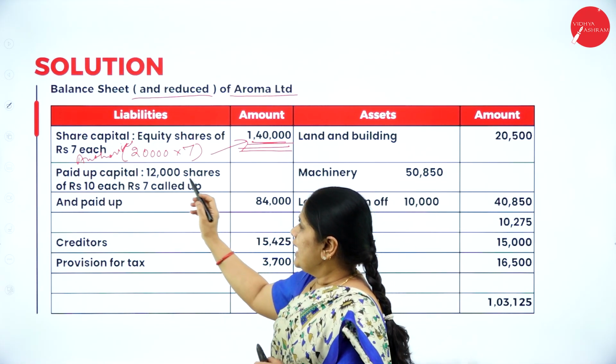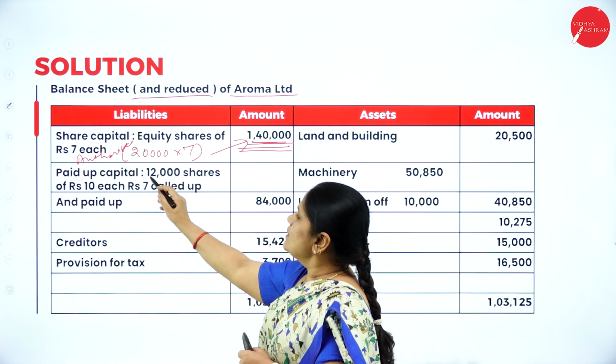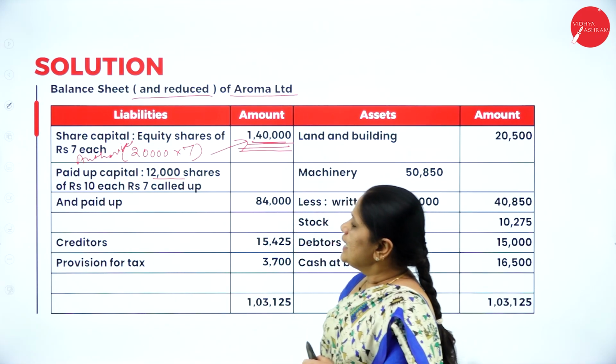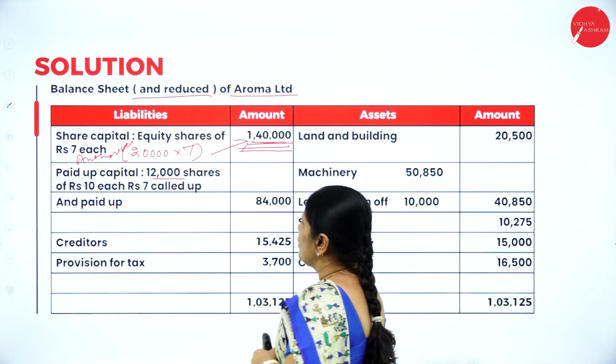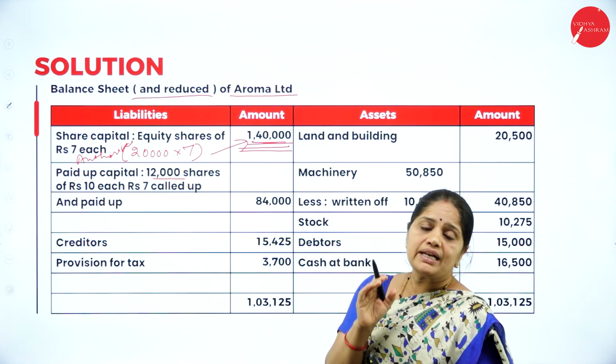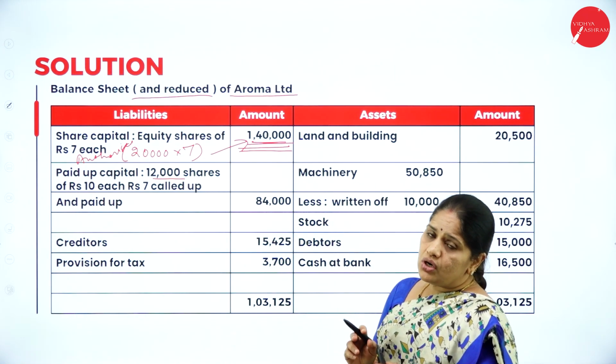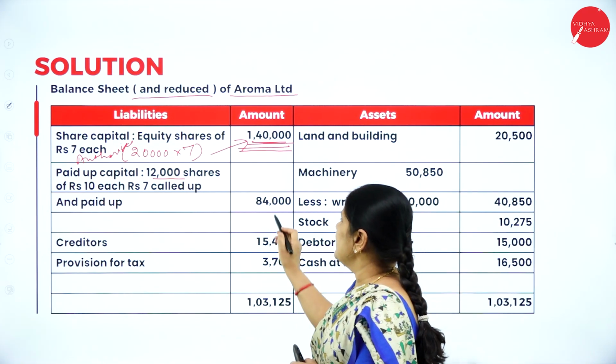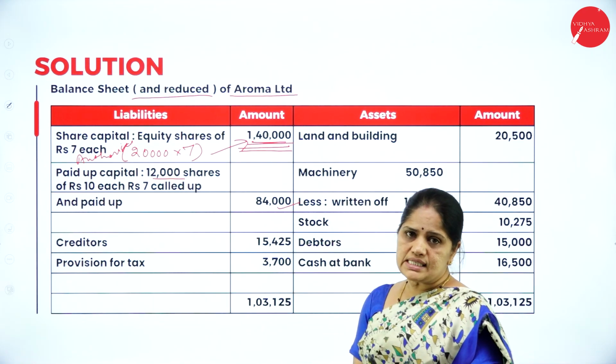Then we have the paid up capital, 12,000 shares of rupees 10 each and rupees 7 called up and paid up. So this rupees 10 share has been reduced to rupees 7. So 12,000 into 7, 84,000. So this is correct.